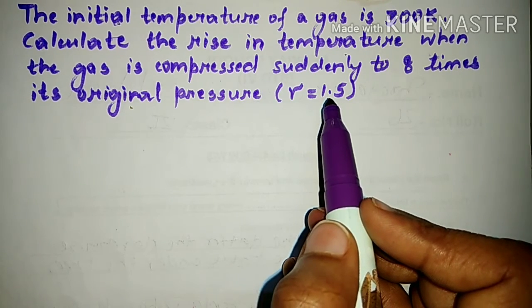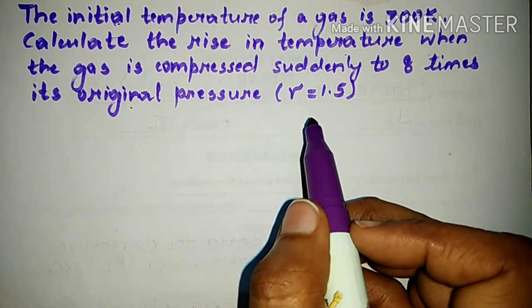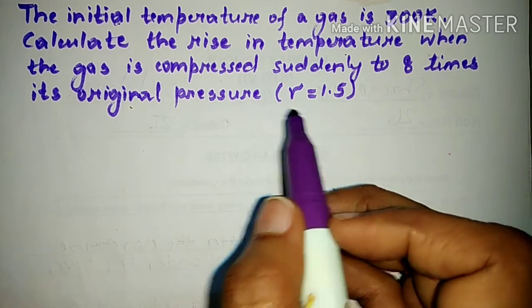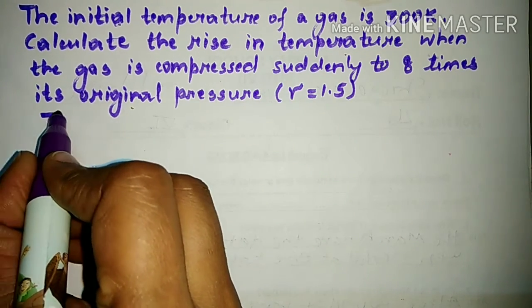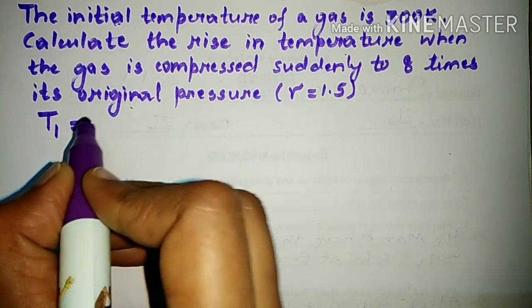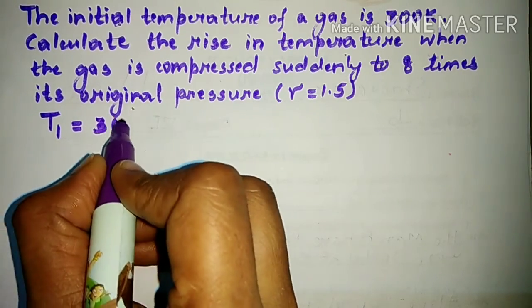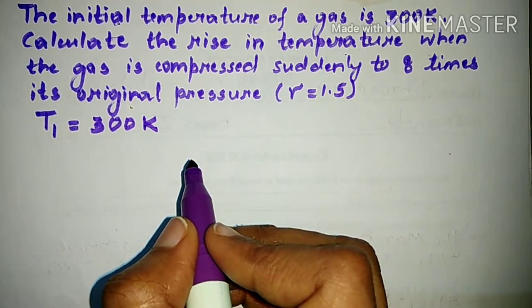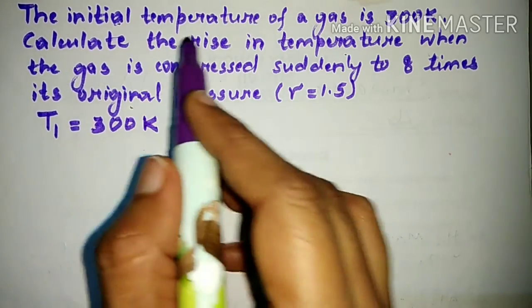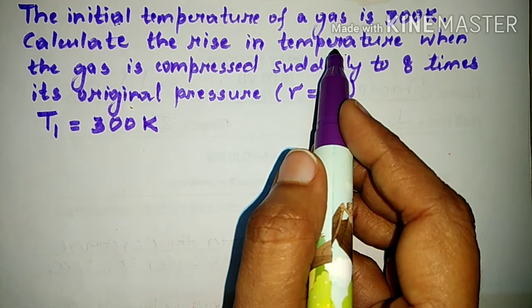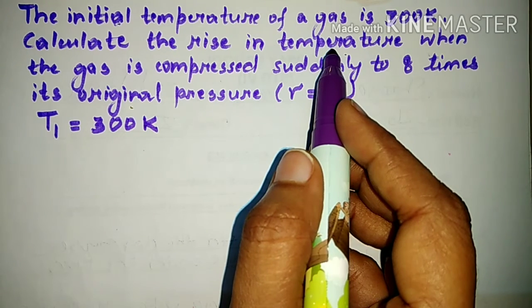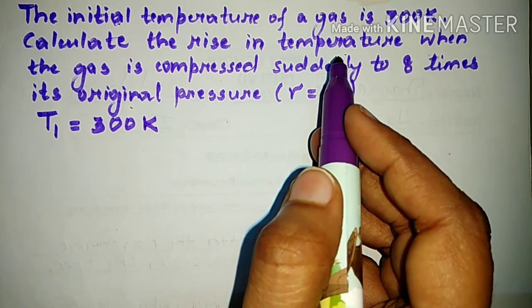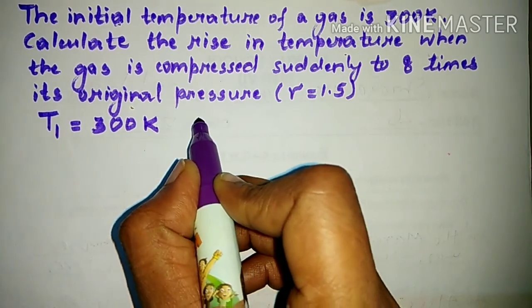We will see what all quantities are given. Initial temperature T1 is equal to 300 Kelvin. Calculate the rise in temperature, that is, we will need to find the final temperature T2.